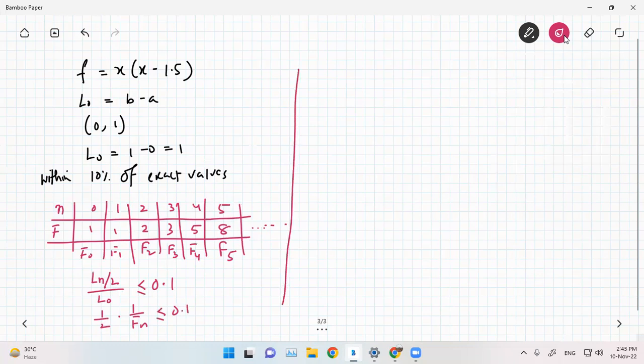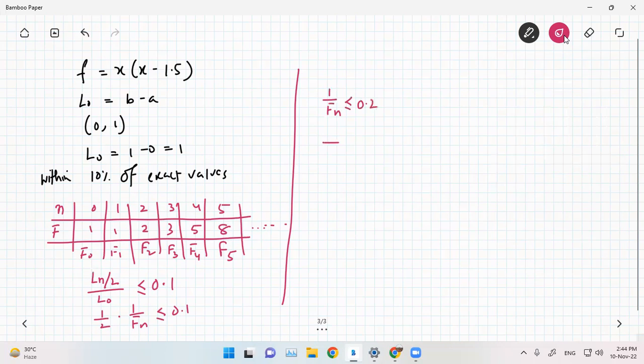If you just solve a bit, you are going to get that 1 by Fn will be smaller than 0.2.